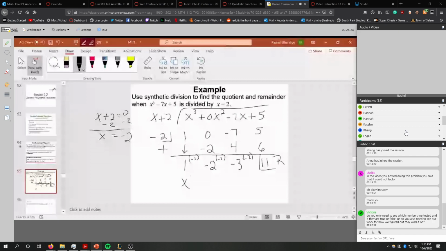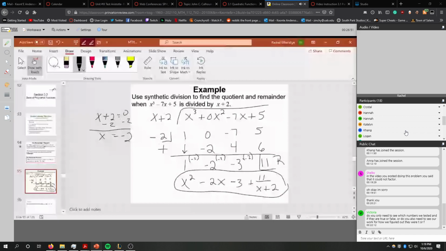And I'm going to bring down the 1x squared minus 2x minus 3. And then since my remainder is positive, I'm going to put plus 11 back over my divisor. And this is what you would have gotten if you had just used long division on that problem as well.